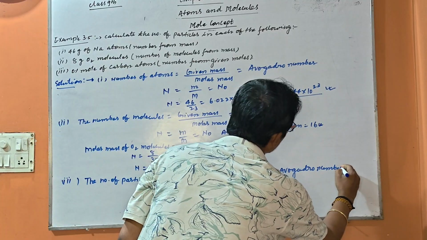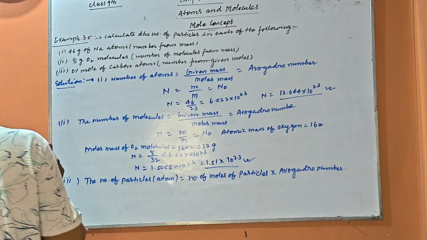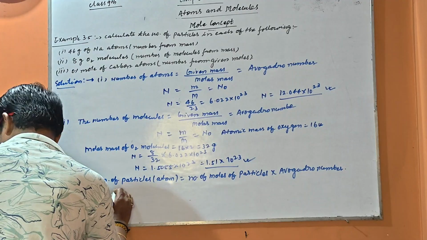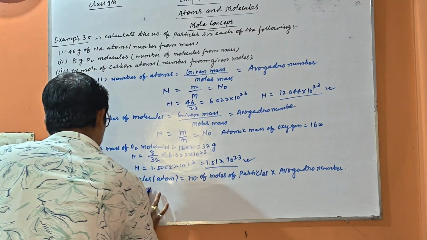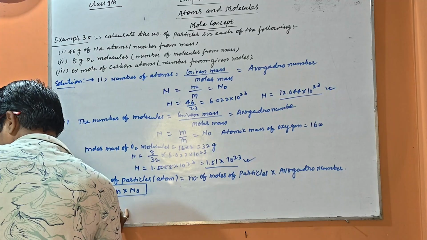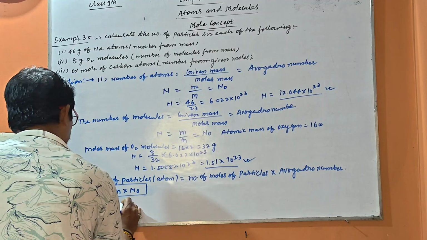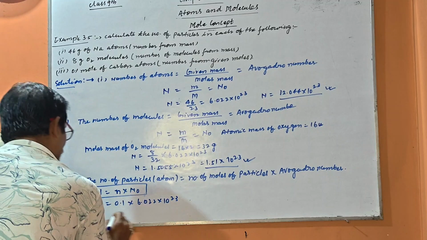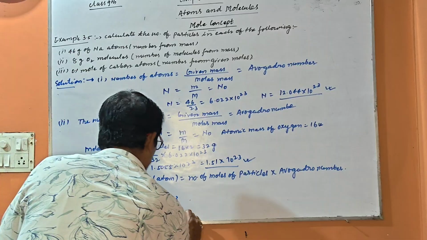Here we are solving for the number of carbon atoms from the given moles. So N is equal to n into N0, where n is equal to 0.1. So 0.1 into 6.022 into 10 to the power 23, and the answer is 6.022 into 10 to the power 22. This is your third answer.